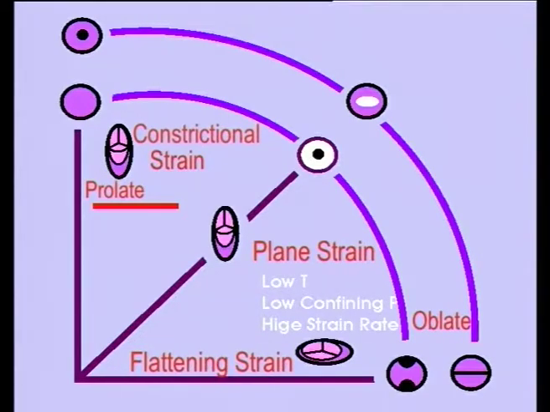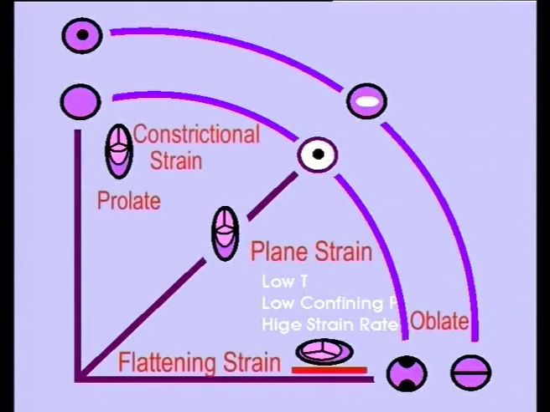When in the constrictional type of strain there is extension along lambda 1 and equal shortening along lambda 2 and lambda 3, resulting in a circular cross section of the ellipsoid perpendicular to lambda 1, this is called uniaxial extension, and the strain ellipsoid is known as a prolate strain ellipsoid, loosely called the cigar shaped strain ellipsoid.